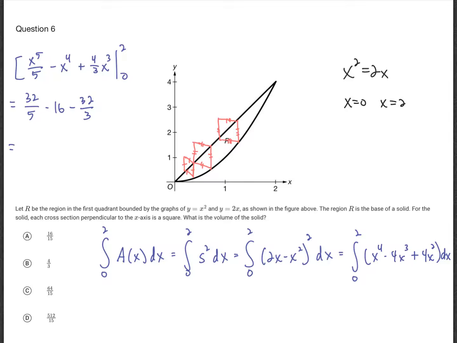Okay, so 15 is a common denominator, so multiply this by 3. 16 times 15 is 240 over 15. And then multiply the top and bottom by 5, you get 160 over 15.